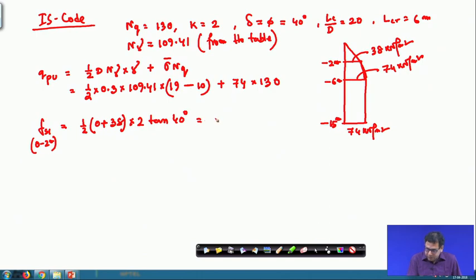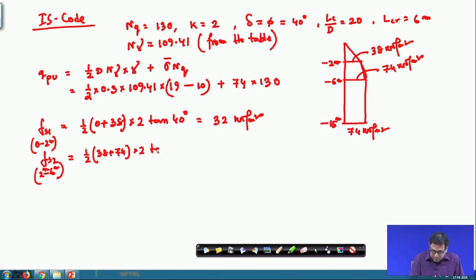So, that is equal to 32 kilonewton per meter square. Similarly, f_s2, 2 meter to 6 meter, the same, only difference is tan delta will be tan 40: that is 38 plus 74 into 2 into tan 40 degree.